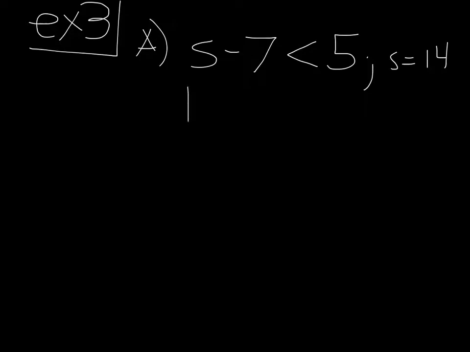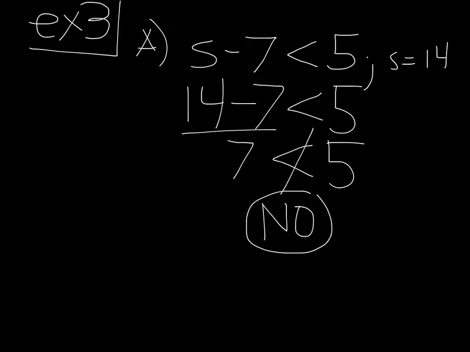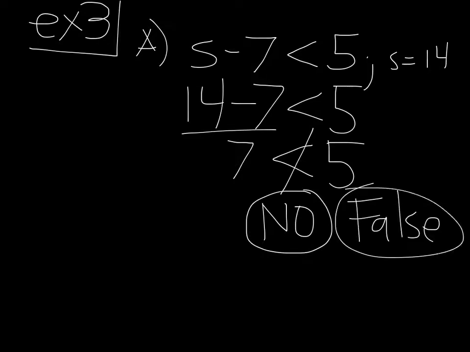So my work would be to say 14 minus 7 is less than 5. 14 minus 7 is 7. Is 7 less than 5? I put a slash through it. No. Or I should have written false, I guess. Alright, that is example 3A.